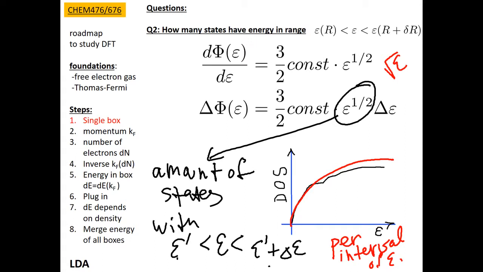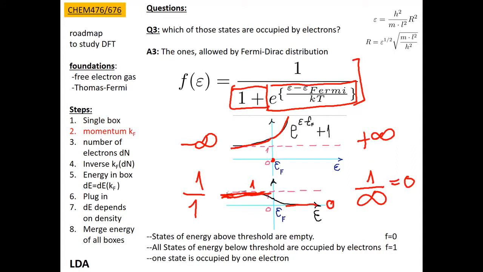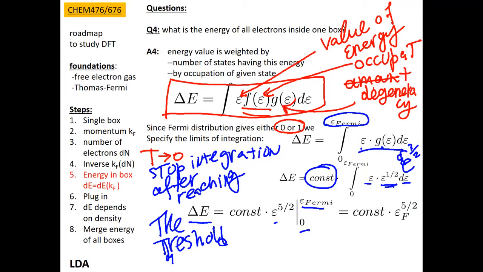For 3-dimensional it is a square root. Now, the last step is the Fermi distribution that we already covered. And now we need to find the total energy of all electrons inside the box.